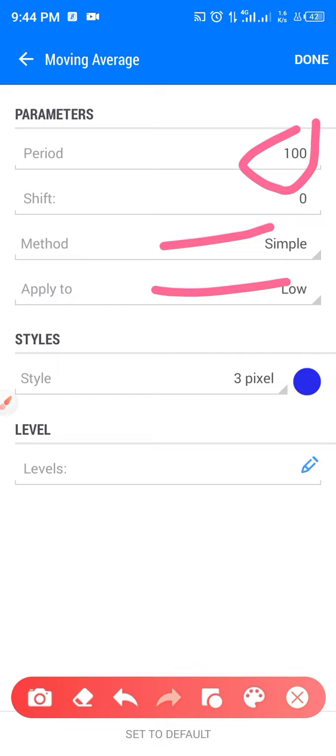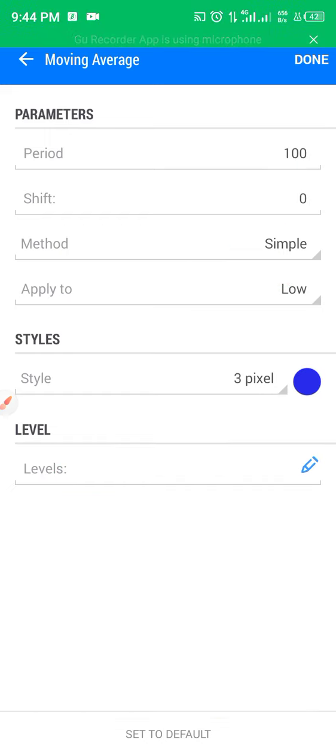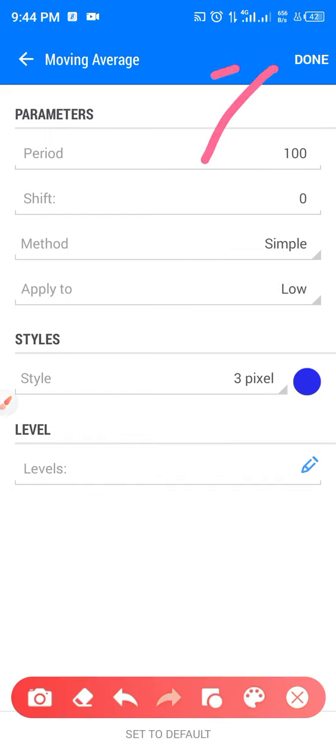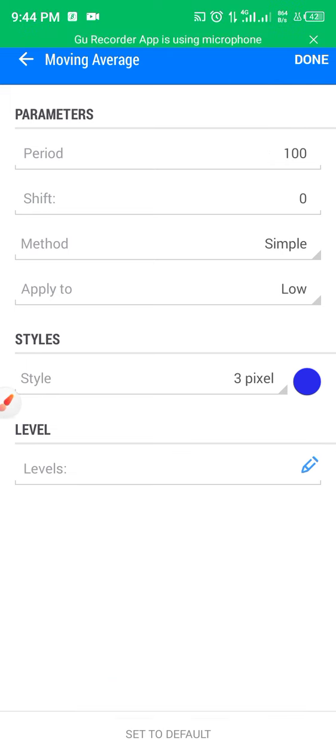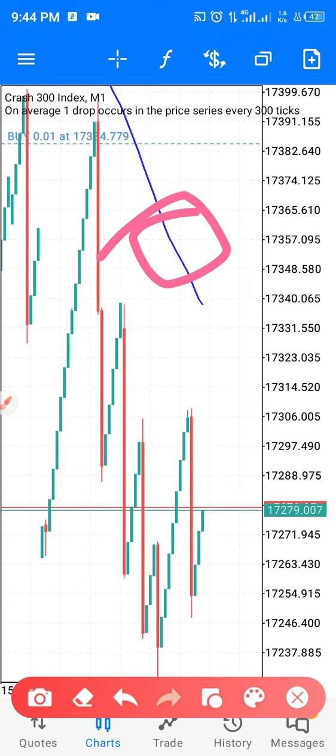You can use the color that I use so you can follow easily, but you can choose your own color. The levels, just leave it like that, don't put any level. When you are done, just click done. That is this blue line you are seeing right here.